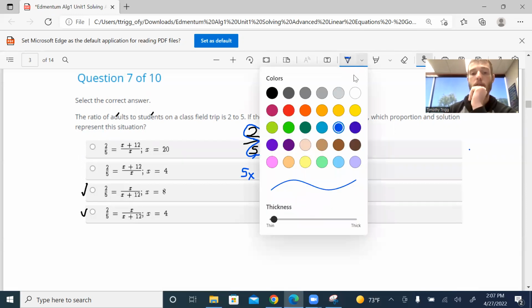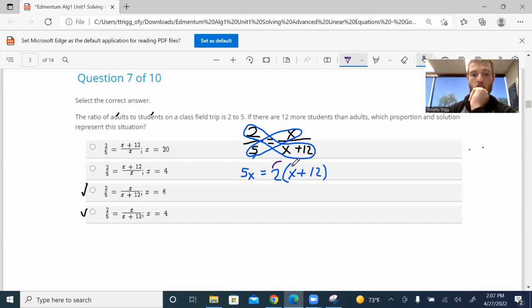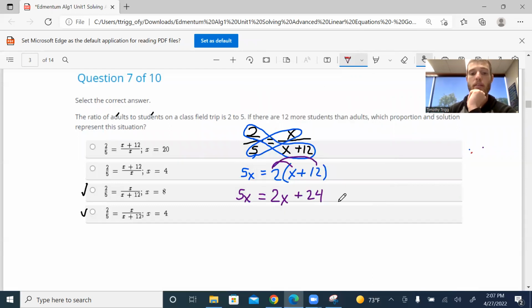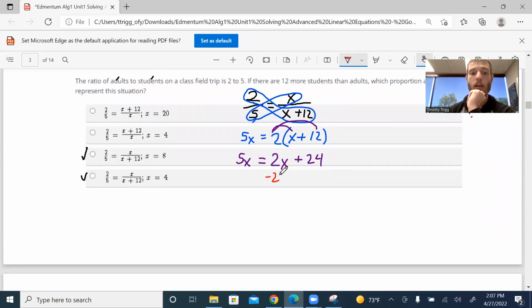What do we do next? We distribute the 2. 2 times X, 2 times 12. 2 times X is 2X. 2 times 12 is 24. Here we have X's on both sides of the equation. I don't like that. So I'm going to get rid of the X's on the right side, subtracting 2X here to cancel.